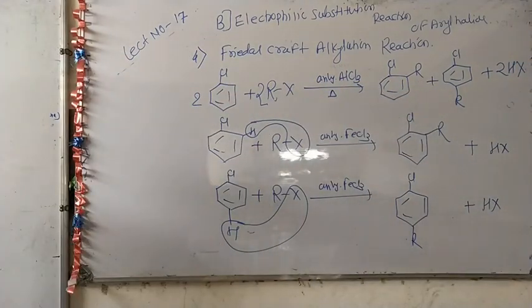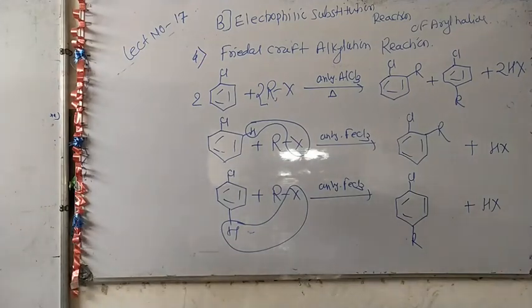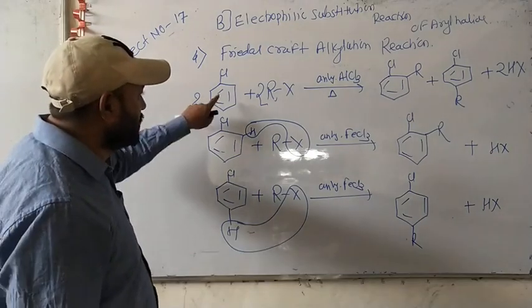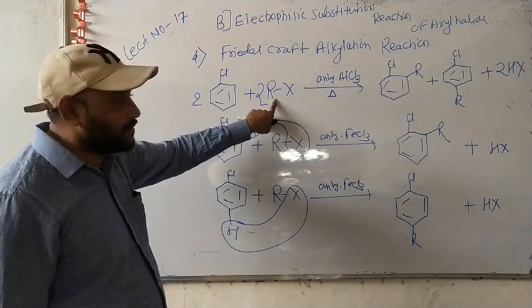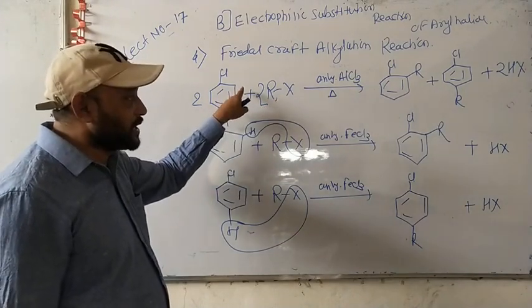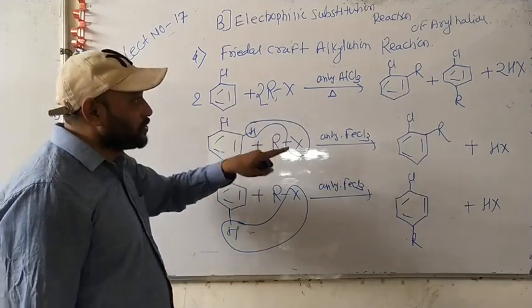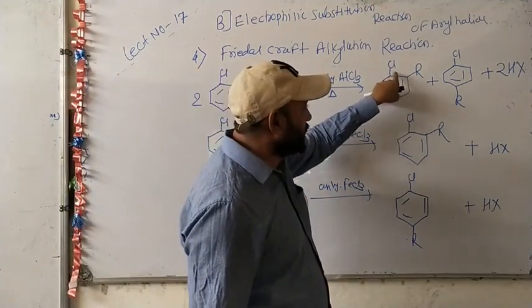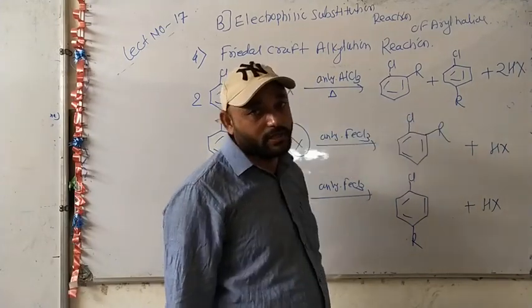This reaction is called Friedel-Crafts alkylation reaction. What does a Friedel-Crafts alkylation reaction do? Aryl halide, that is chlorobenzene, is treated with alkyl halides. So electrophilic substitution occurs at two positions, ortho and para, and we get ortho-alkylated chlorobenzene and para-alkylated chlorobenzene. Here para is the major product.